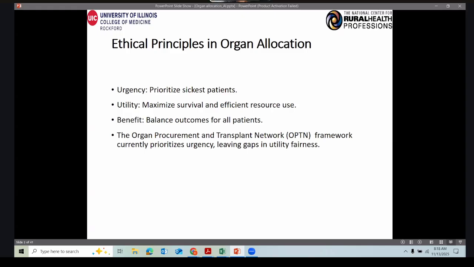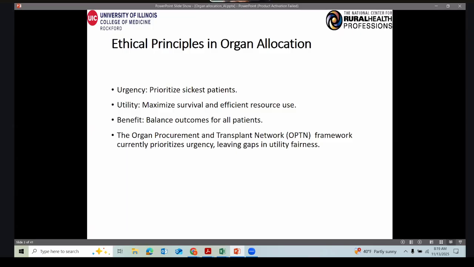The second is utility, focusing on maximizing the survival benefit and using resources efficiently. In other words, we want to make sure that the organ goes to the patients who are likely to have a good outcome after the transplantation and who will benefit the most in the long term. The third is benefit. It is about finding balance.